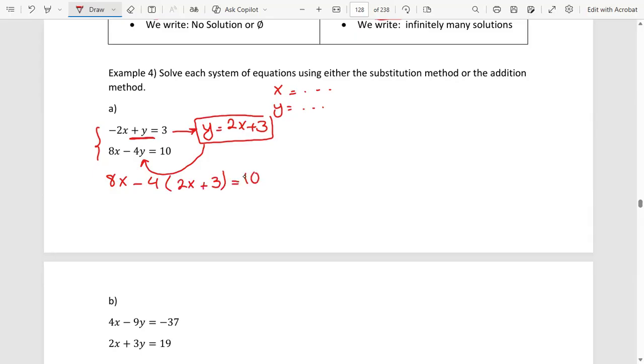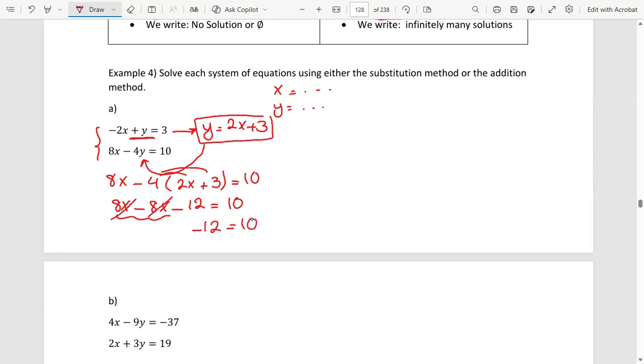Now I just have an equation with one variable, x, and I can solve it. So distribute 4 by the parenthesis. 8x minus 4 times 2x, which is 8x, negative 4 times 3, which is negative 12. 8x minus 8x is 0, so I just have negative 12, which is equal to 10.